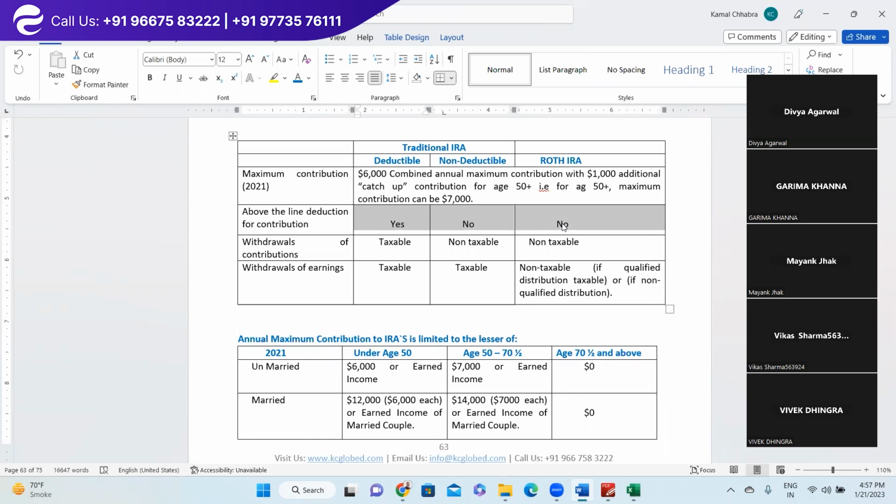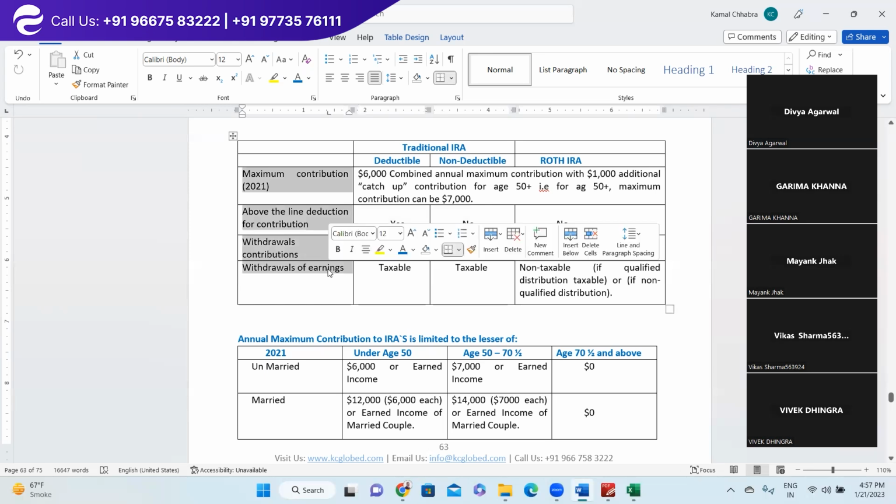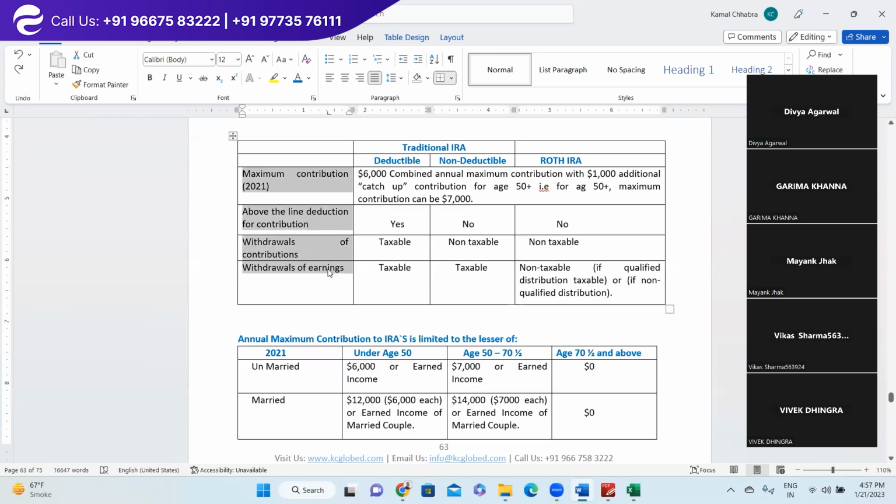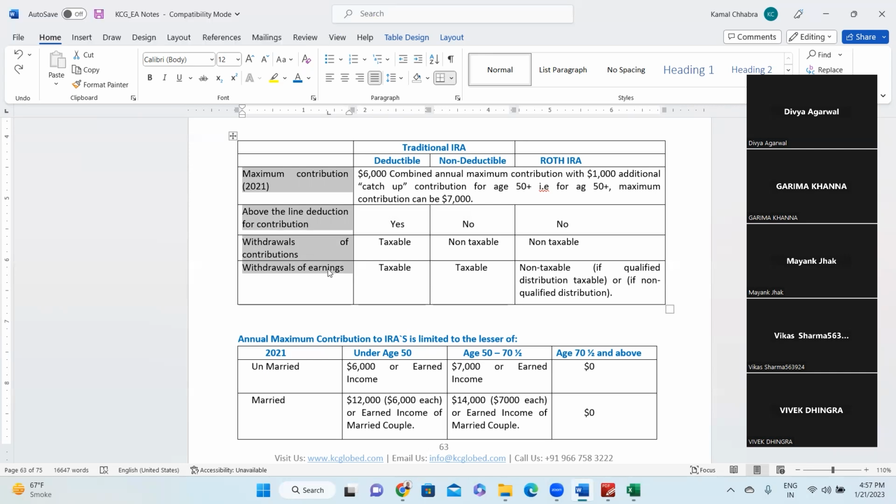Another thing is withdrawal of contribution. When you make a withdrawal, whether it is taxable or not, and if taxable, at what rate? For traditional IRA, the first one is deductible. Deductible is taxable on withdrawal. Why is it taxable on withdrawal?